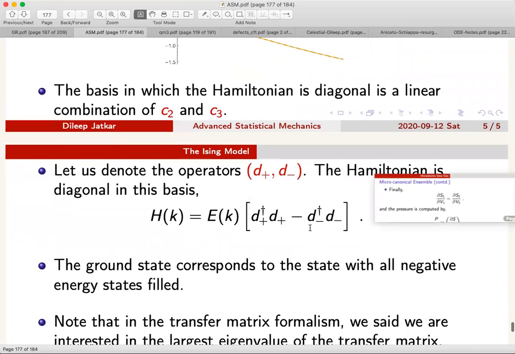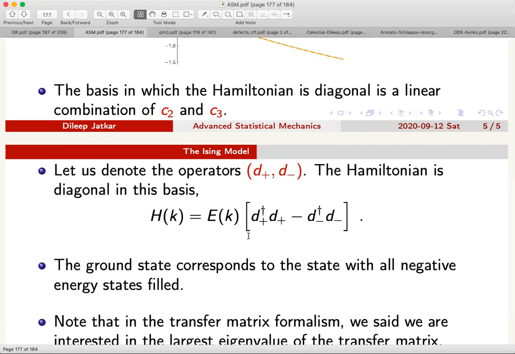Fine. So of course, this is the description in terms of Majorana fermion and the diagonalized Hamiltonian with respect to a new basis of creation annihilation operators. But the ground state of this Hamiltonian would correspond to filling up all negative energy states. Now remember, the negative energy states in this particular problem, if you go back, you will realize that this integral was done from k equals 0 to pi.